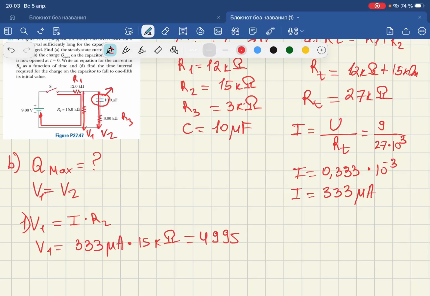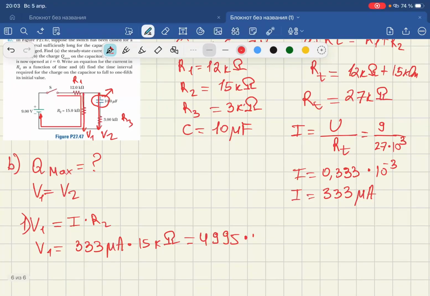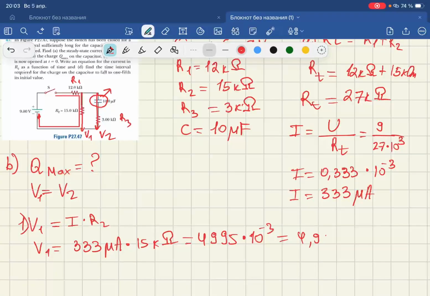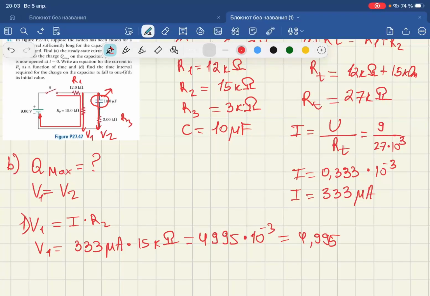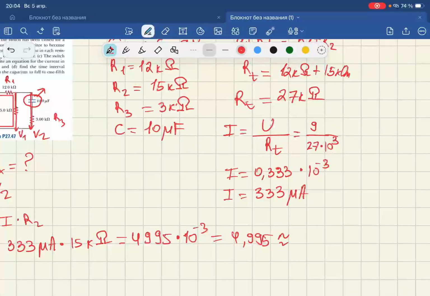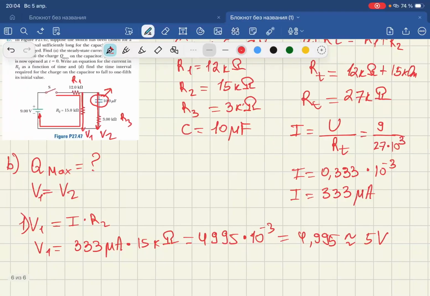The micro is 10 to the power of minus 6 and the kilo is 10 to the power of 3, so overall we have 10 to the power of minus 3. So it is equal to 4.995, which is approximately 5 volts.